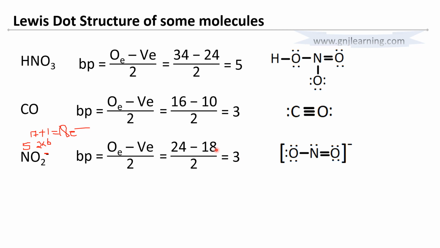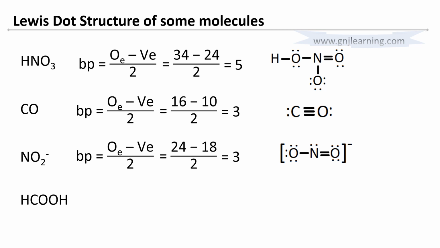Since it is 18, there should be 9 pairs of electrons here. 1, 2, 3, 4, 5, 6, 7, 8, 9. 9 pairs means a total of 18 electrons. And you place them in a square bracket and give the negative sign, so that you can denote the charge. Clear?